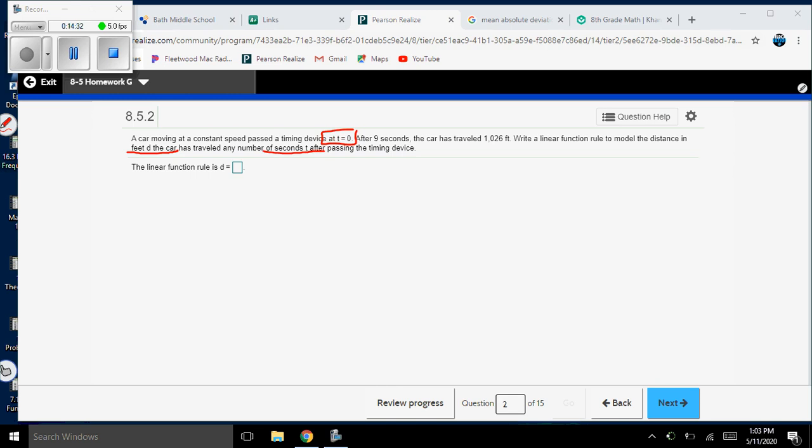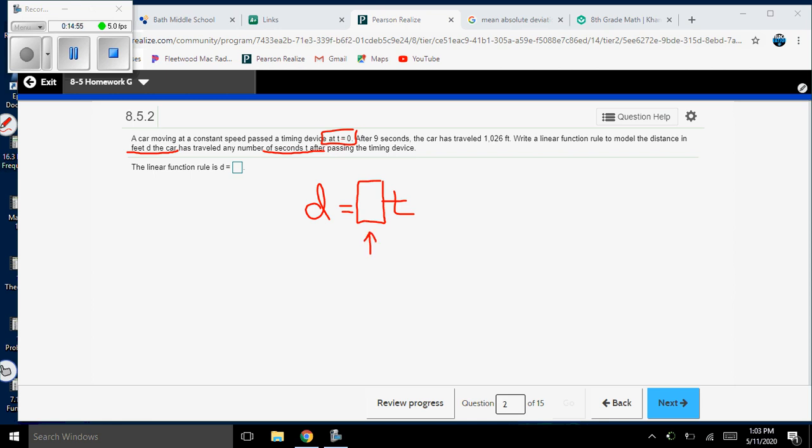All right, so d equals some number times t. So you've got a constant that's going to be going into that box. Now remember, we said that this constant is the same thing as the slope.